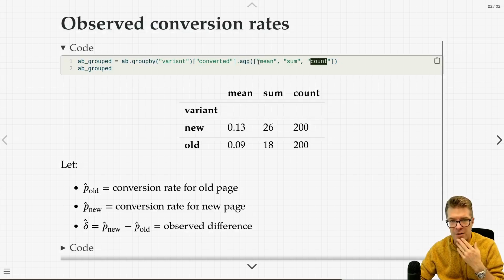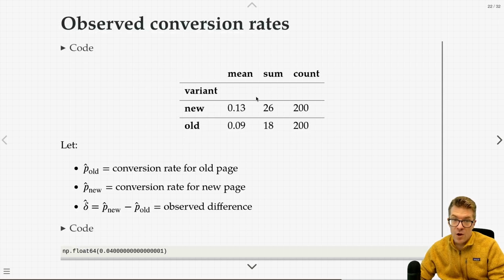I mentioned in class the other day that one thing you can do is take this list that you pass to the aggregation function and try using different possible functions. So we were using mean before, now we're using mean, sum, and count. All I'm doing in this code is asking to be shown the results. We have now the click-through rates of people who use the new website and the old.